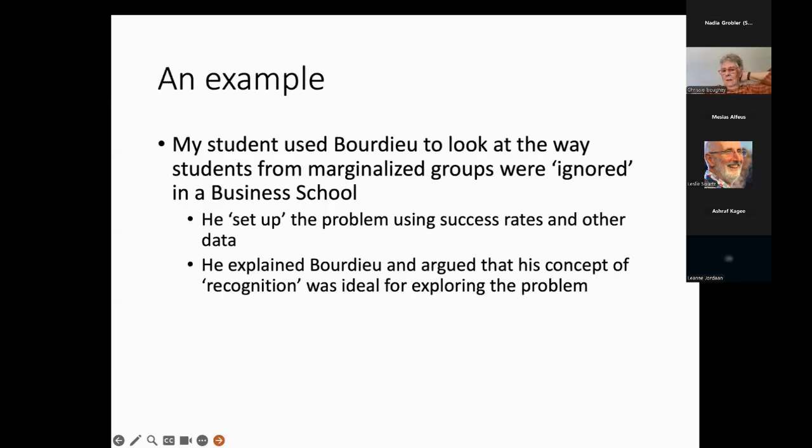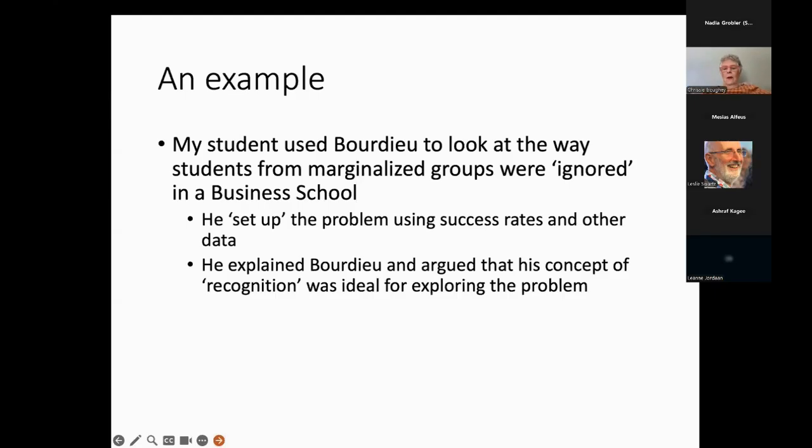And here's an example from one of my PhD students' work. My field is higher education. I supervise a lot of people who study universities. And she used a theorist, Bourdieu, a French sociologist, to look at the way students from marginalized groups were ignored in a business school. So the thesis was on the business school.